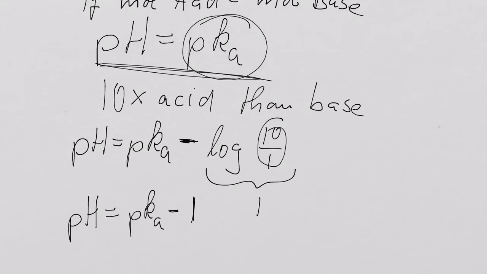Make sense? So if my pKa was, let's say, 3, and I whack in 10 times more acid, the pH goes down from 3 to 2. Are you happy with that?